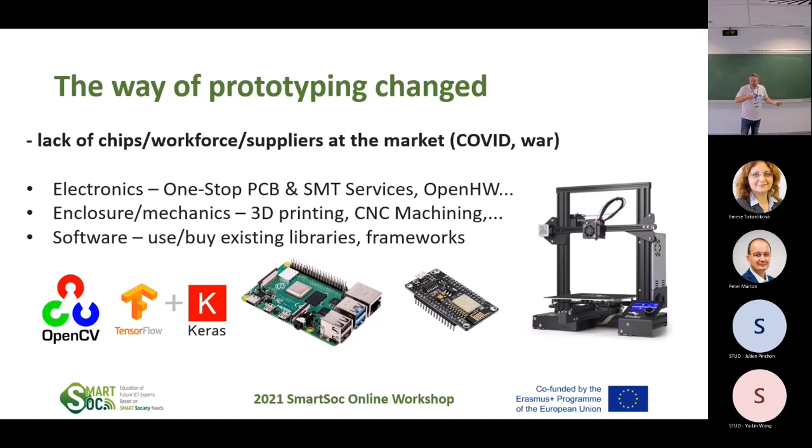So personally, what changed in my point of view on prototyping? Before, I knew some parameters that I expected from the device. Then I went not to e-shops or sellers, but to the producers' web pages and checked the product I wanted. Then, two years ago, the situation changed, and I did the designs according to what I was able to buy.